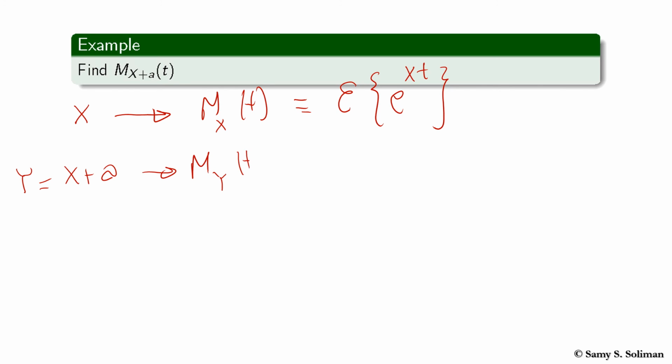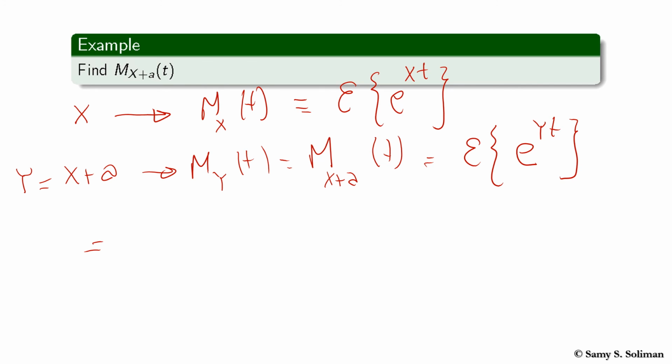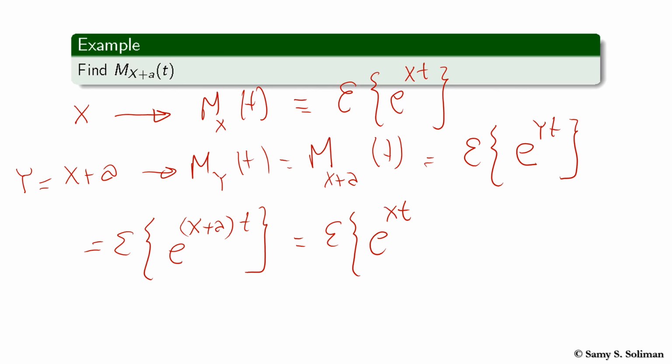M_Y(t). So that is what can be written as M_{X+a}(t). This is the expected value of e power Yt. This is equal to the expected value of e power (X plus a)t. That is equal to the expected value of e power Xt times e power at. Since both e and a are not random, they are parameters, so they can be taken outside the expectation.